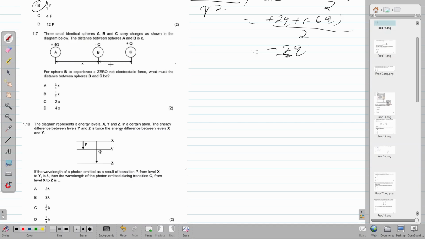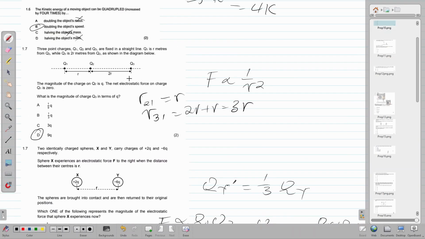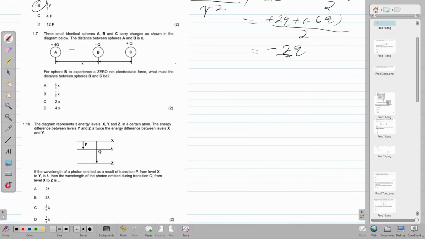Again, we will approach this similar to how we approached the previous one, but now we're arguing for distance. Suppose the distance were the same, so the distance from A to B is x and from B to C is x.